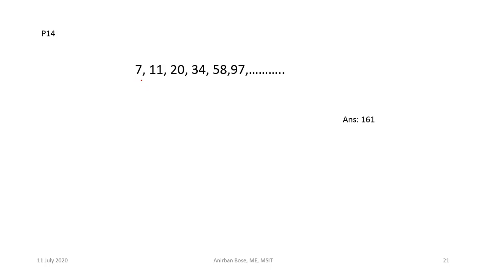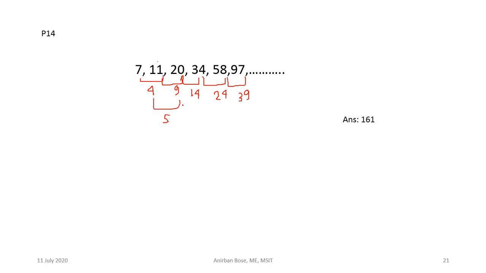You see this series: the difference is 4, the difference is 9, then the difference is 14, then the difference is 24, and the difference is 39. Can you see any relationship?